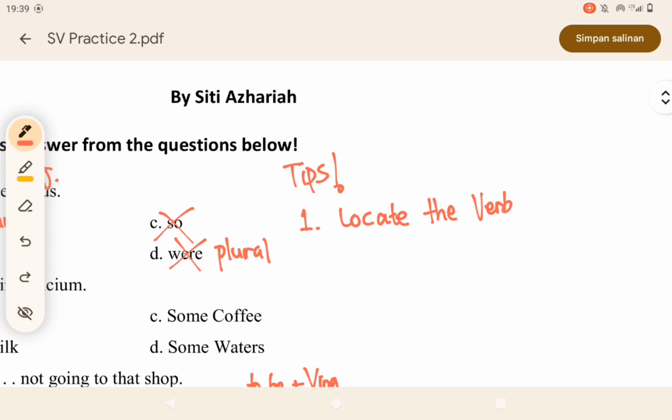And then after that, we can, of course, locate the rest of the structure, especially the subject, because it will affect the verb that we have to use. And then after that, don't forget the subject verb agreements. Okay, singular subject is for singular verb, plural subject use plural verb. Yeah, don't forget about it.